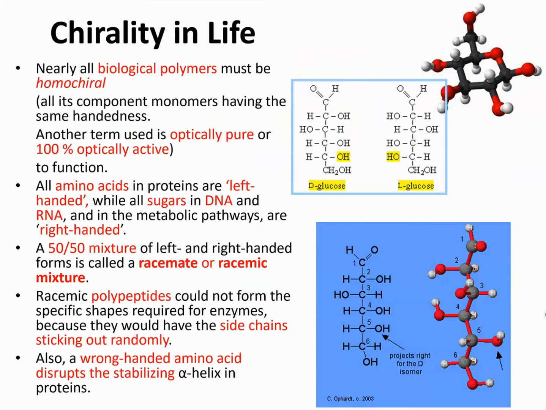That means that you have chiral. So all left hand or all right hand. Okay, just for your information, all amino acids in proteins in our body are left-handed, whereas all the sugars in DNA and RNA and in the metabolic pathway are right-handed.